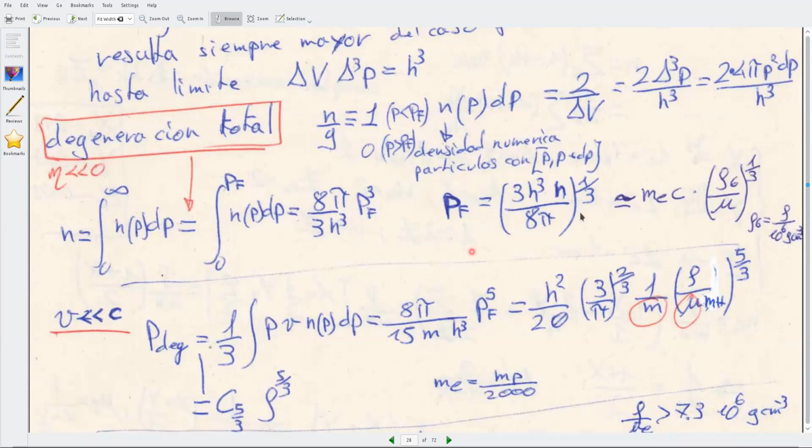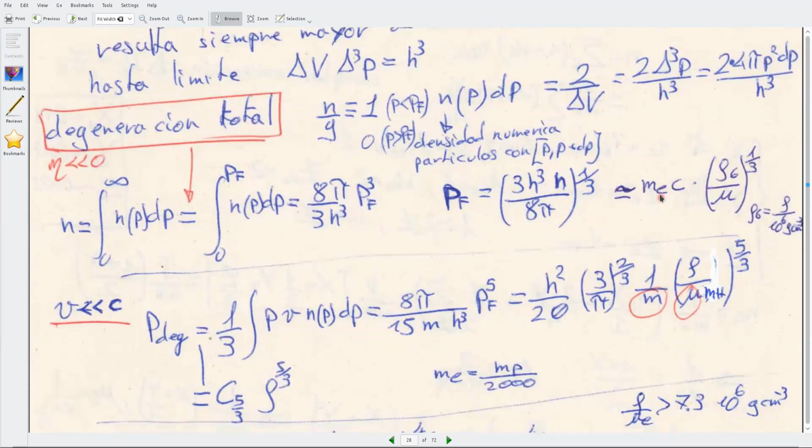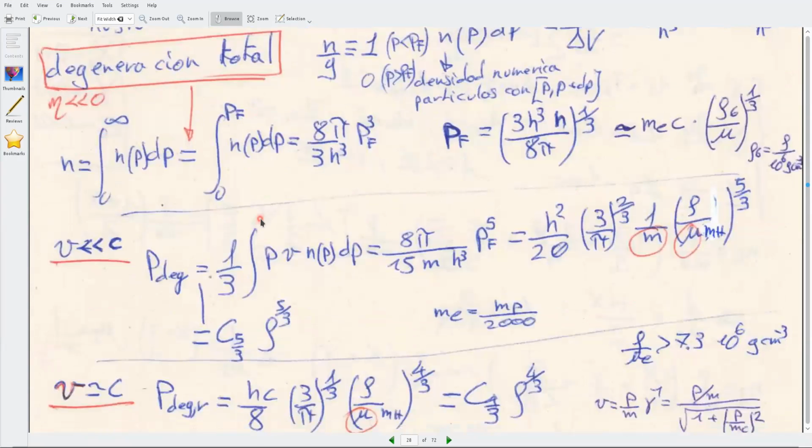You recalculate, and so you calculate the mean momentum characteristic. This can be written this way, here with the mass of the electron. If not relativistic, you have this situation.